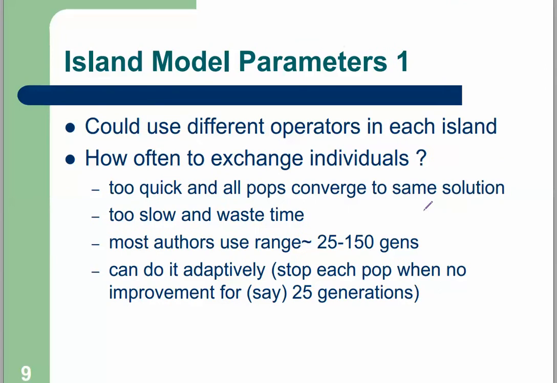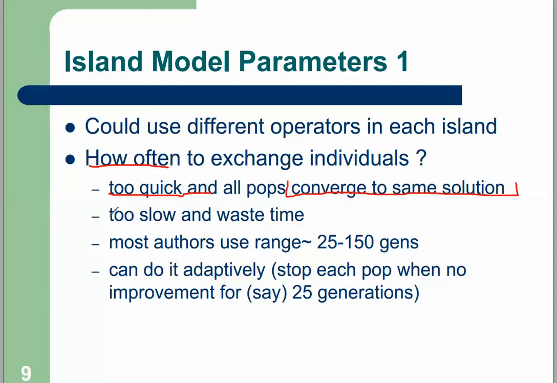One of the parameters is how often, or the time period, that some elements transfer from one island to another island. If it is very quick, all of the islands are the same as one population, and it does not behave as islands.